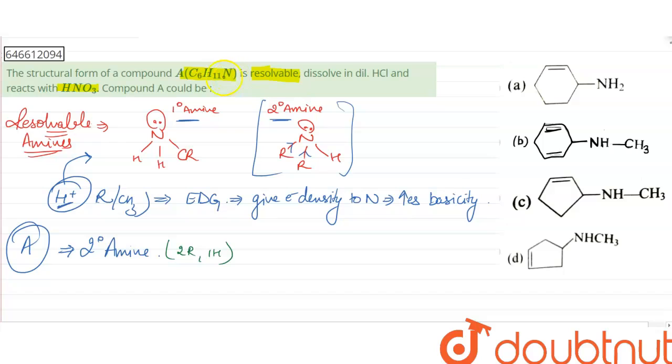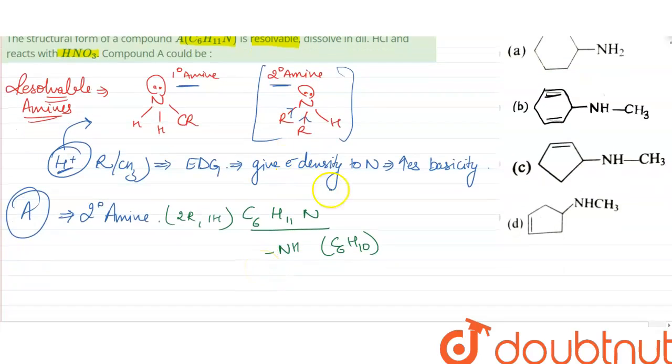Next, in our formula we are given C6H11N. The amine group means one NH is subtracted from this compound, and we are left with C6H10 and N is taken over here.